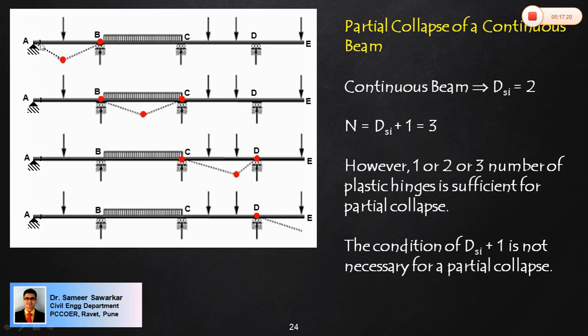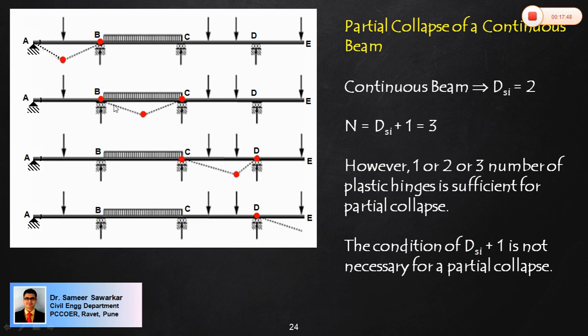You are observing that in span AB, if a plastic hinge is formed below the point load and one more hinge is formed near this roller support, then immediately this span will undergo a collapse. So we don't really need formation of 3 plastic hinges here, because though other portion of the beam is intact, partially the beam is collapsed in span AB.